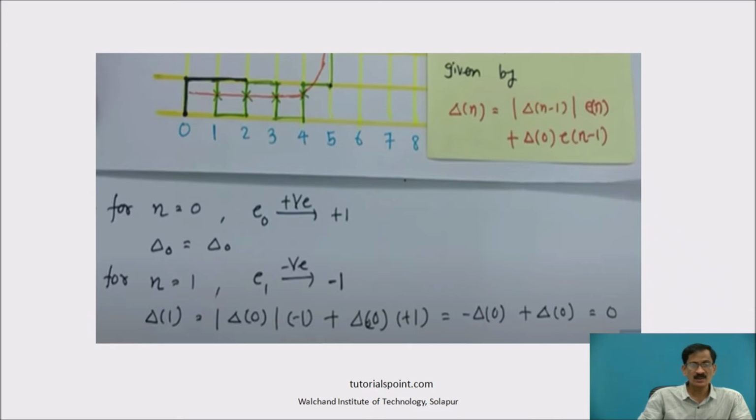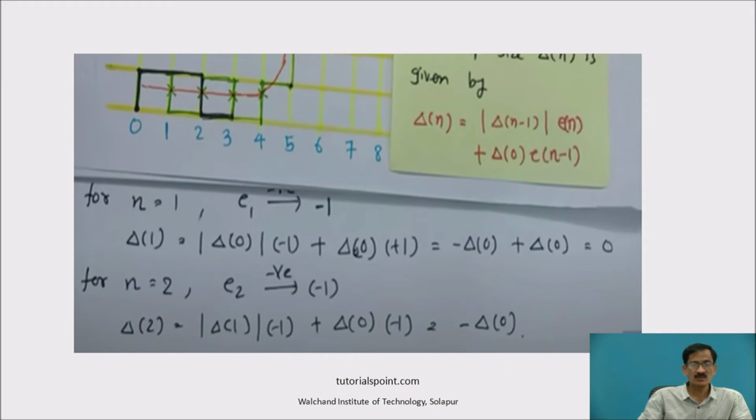So delta 1 will be equal to mod of the previous delta, into the current error minus 1, plus delta 0 into the previous error E0, that is plus 1. That will give rise to minus delta 0 plus delta 0, which will be 0. So there is no increase in the step size from 1 to 2. So it will be shown by a horizontal black line.